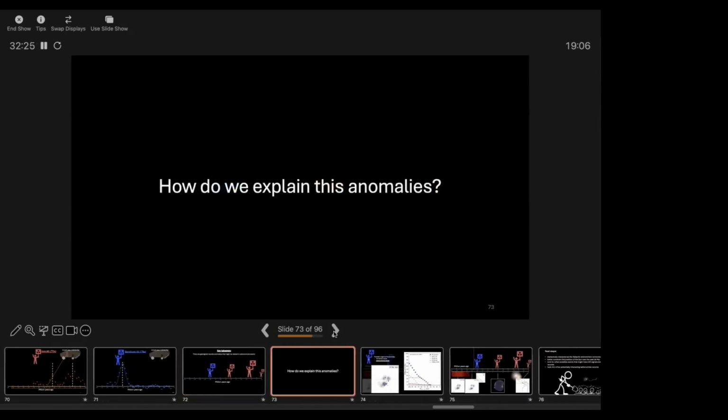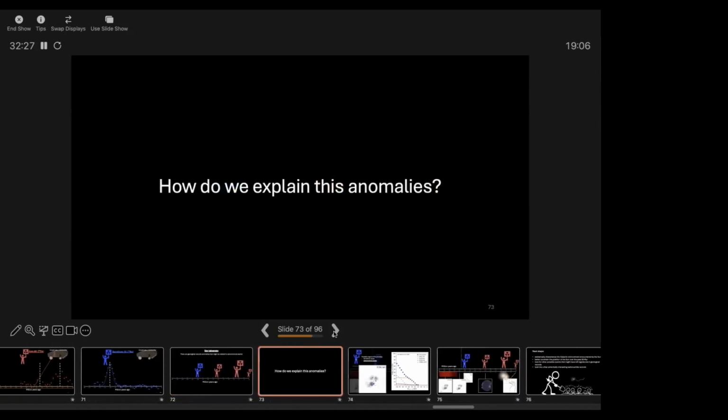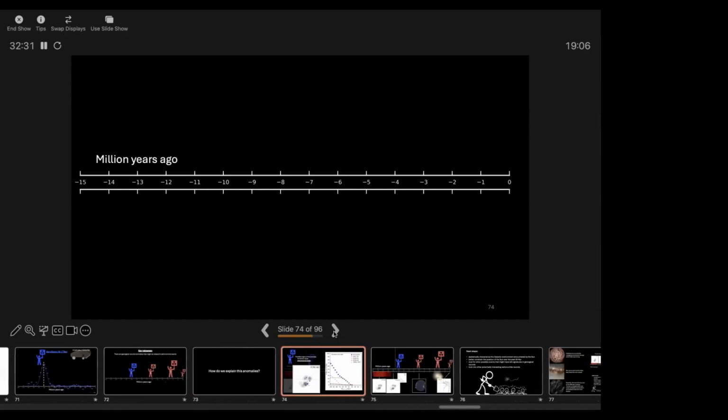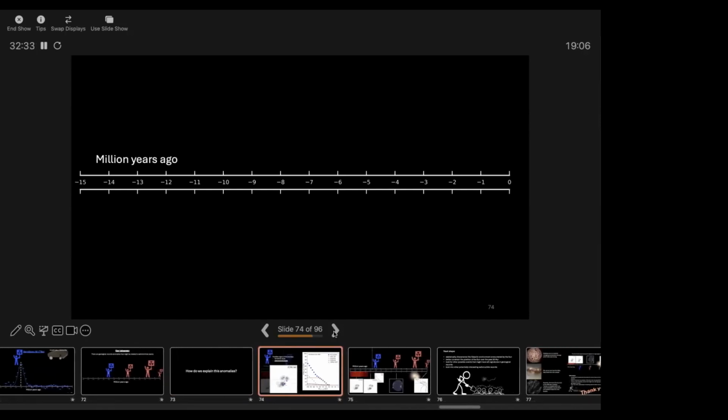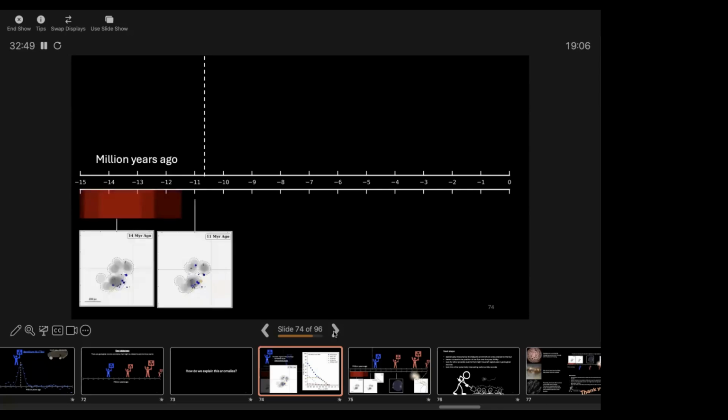And so how do we explain these anomalies? So what causes this anomaly? And so again, this is the timeline. We know that since these elements like iron 60 and beryllium-10 have very small half-lives, we cannot probably go so far back in time. And during this period, if you remember, the sun was going through the Radcliffe wave.